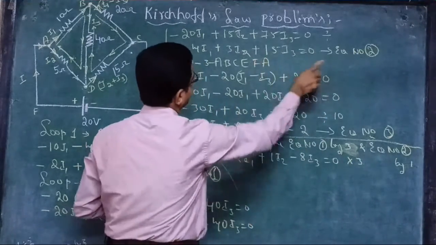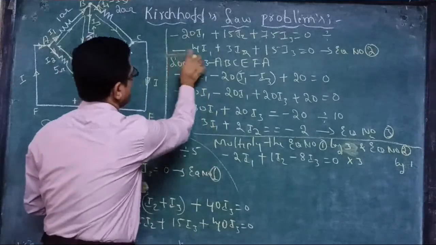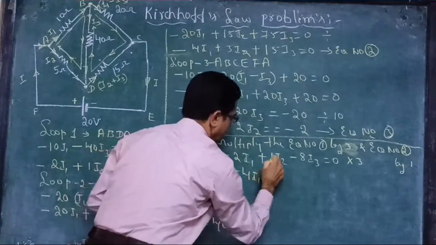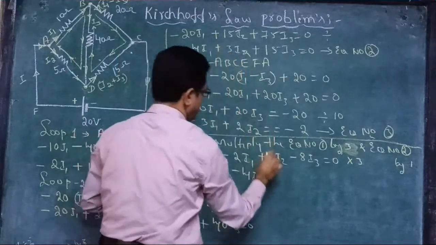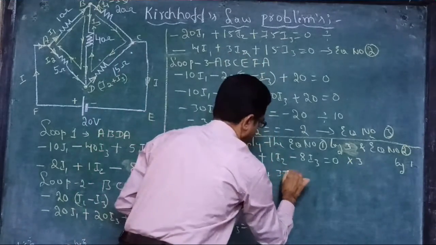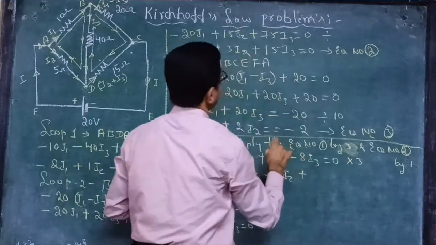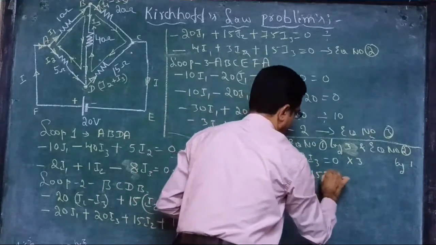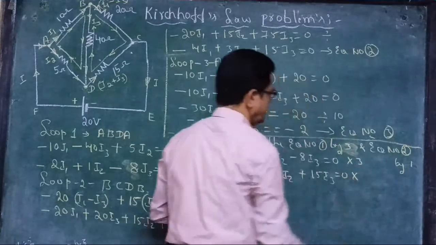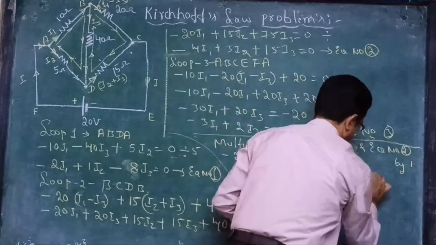Next equation number 2: minus 4 I1 plus 3 I2 plus 15 I3 is equal to 0, into 1.